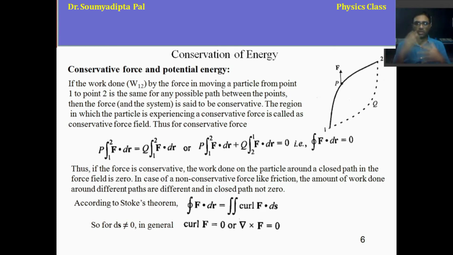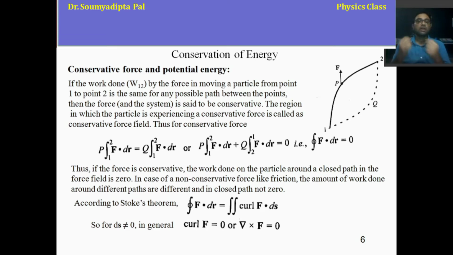Due to that rotation you will get another vector field or vector. That effect is called the curl of the vector field which is rotating.